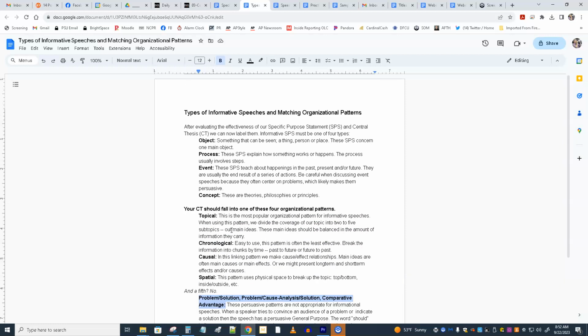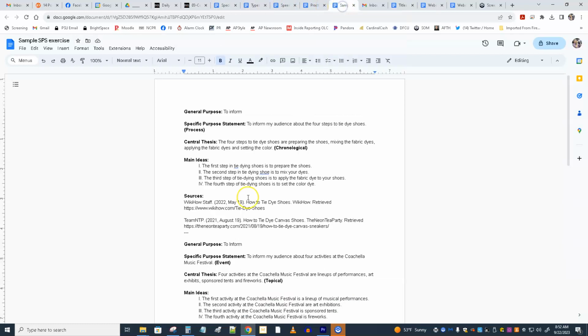structures. Okay, let me show you another handout that you have, which is some samples. These have them attached, and I did not do the names attached in here. I gave this as a handout later as examples, but you can also see that to inform my audience about the 4 steps to dye your shoes is a process, right?